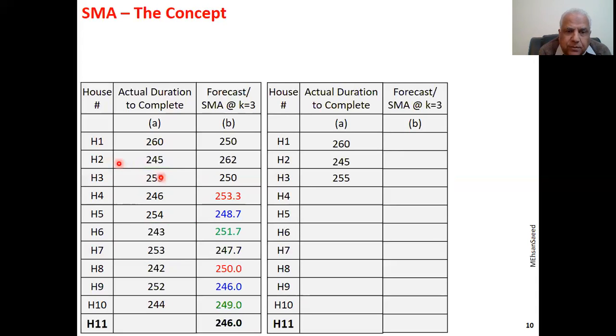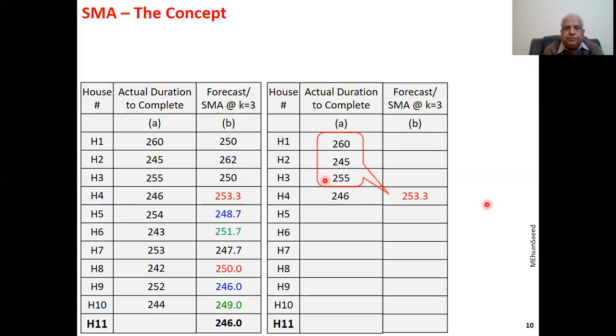We got 3 actual values. So now we are in a position to find the forecast for house number 4, because K is equal to 3. And once we have done that, sequentially, we will continue picking up the latest and discarding the earliest.